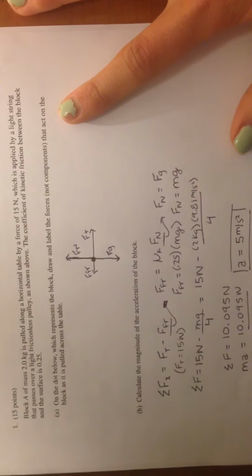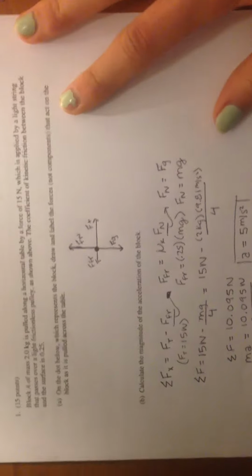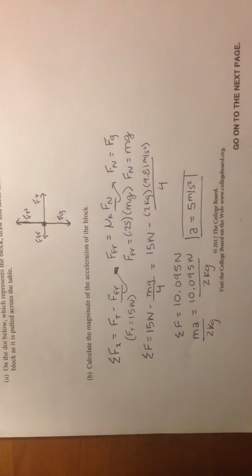So part B says calculate the magnitude of acceleration of the block. So what we're going to do is we'll say the sum of the forces equals, in the x direction, F of the force of tension minus the force of friction.